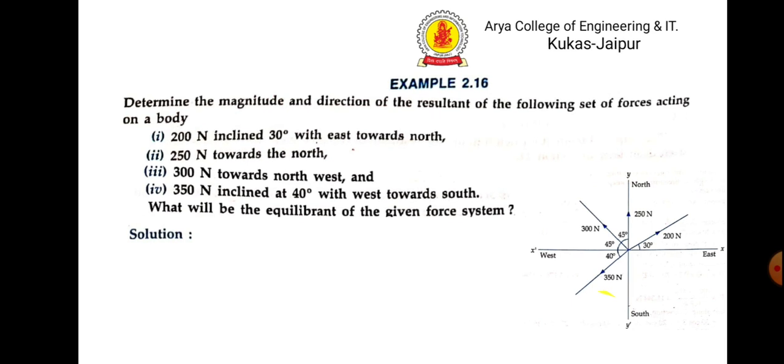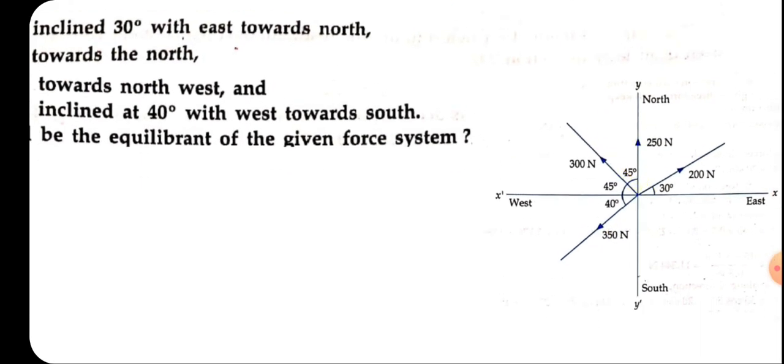Okay, so first of all we will draw the free body diagram. North, south along the y direction, towards right east and towards left west. So 200 Newton inclined 30 degrees with the east towards north. So it is 200 Newton away from the center and 30 degrees from east. Then 250 Newton towards the north, so along the y direction in the upward direction it is 250 Newton.